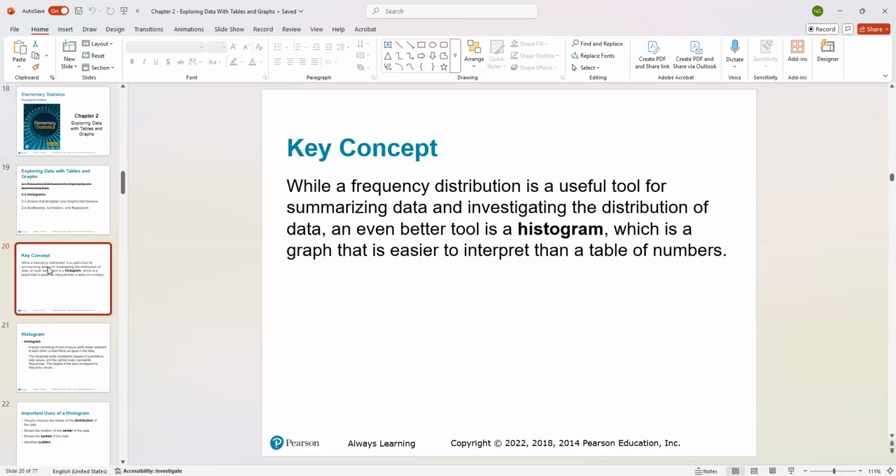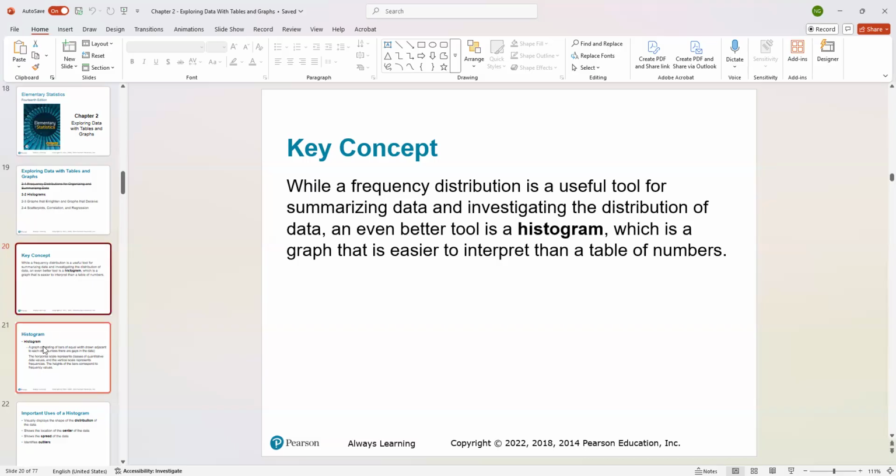That's our goal when we construct frequency distributions. Even though we can clearly see how many data are in each class, we believe a histogram is a graph that is easier to understand and interpret than a table of numbers.